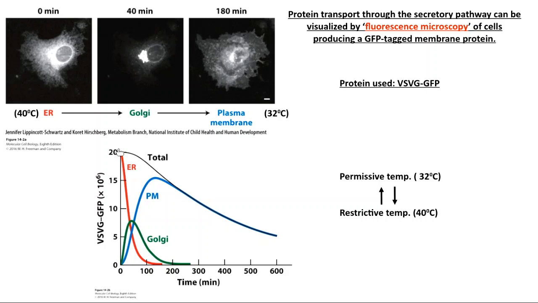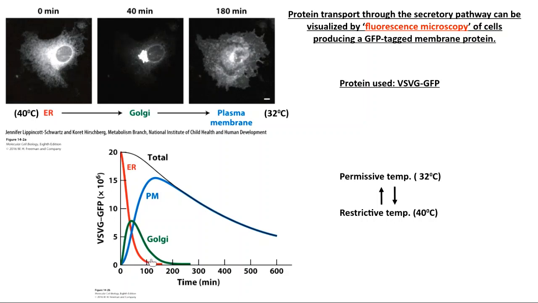As soon as we take the cell to the permissive temperature, from this point onwards throughout is the permissive temperature. As soon as we change the temperature, all the proteins immediately get out of the ER. That means the concentration of protein in the ER decreases immediately.